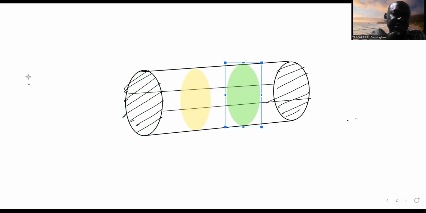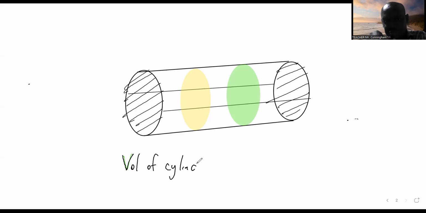The area of a circle is pi r squared. So it's pi r squared multiplied by the length.